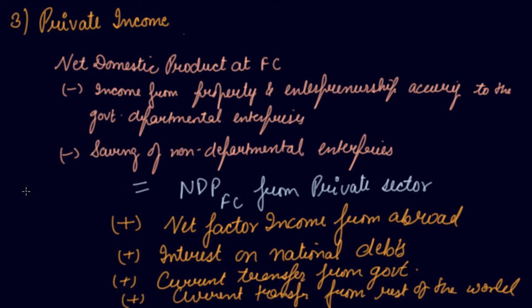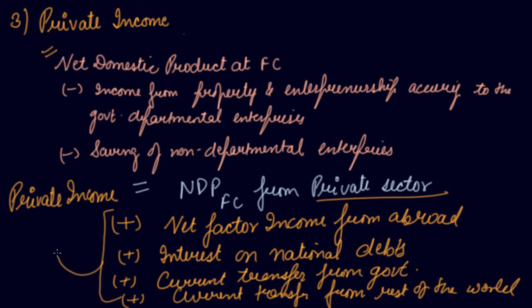That you will get your private income. First, convert your NDP at FC to your private sector income, then add these four to make it a private income.